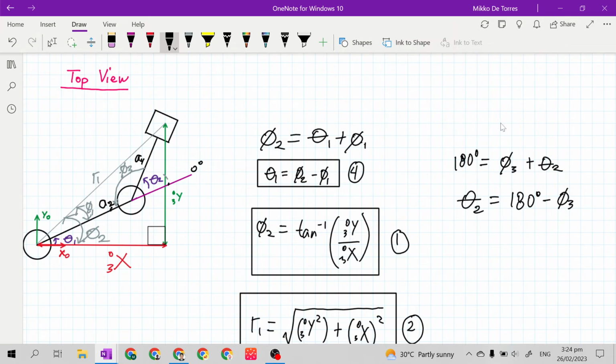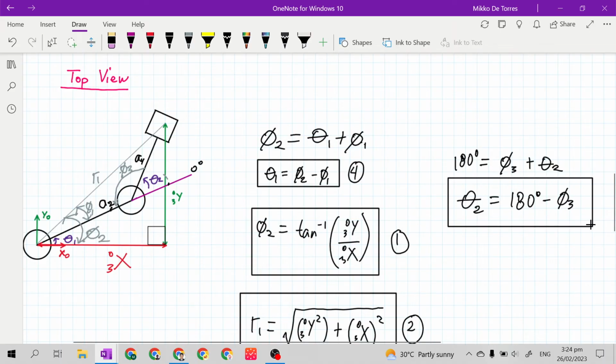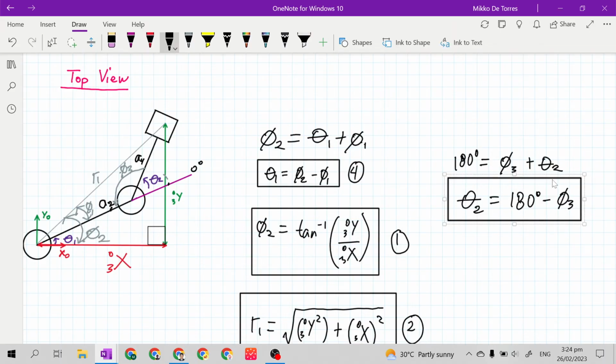So we come up with this formula: 180 degrees equals phi 3 plus theta 2. Then to solve for theta 2, we subtract both sides by phi 3. Now we get theta 2 equals 180 degrees minus phi 3. Now we need to get what is phi 3.